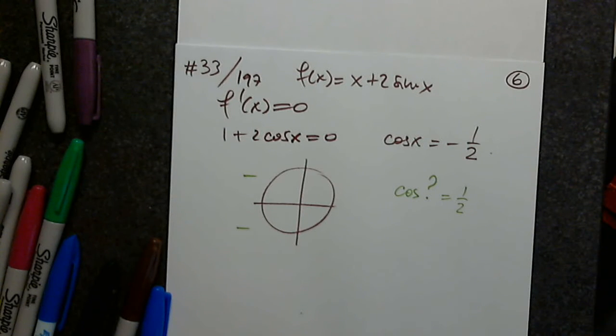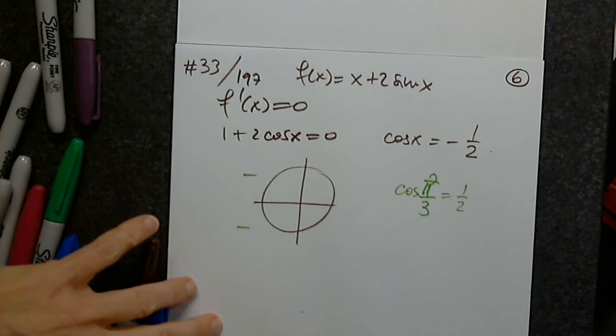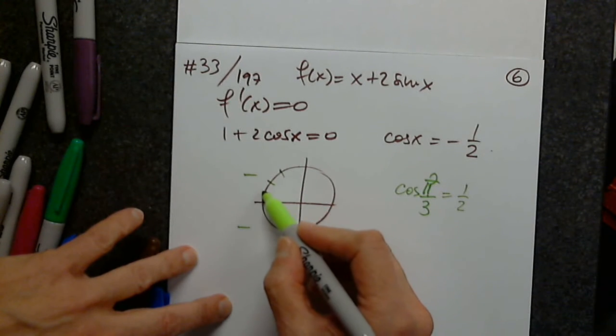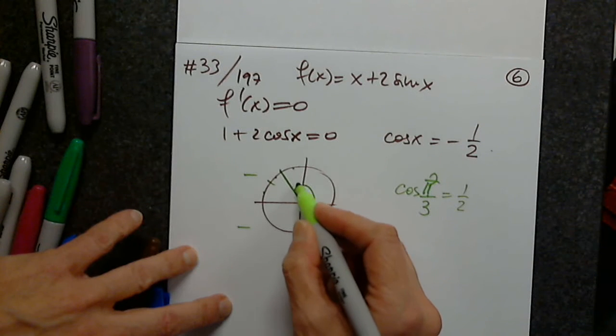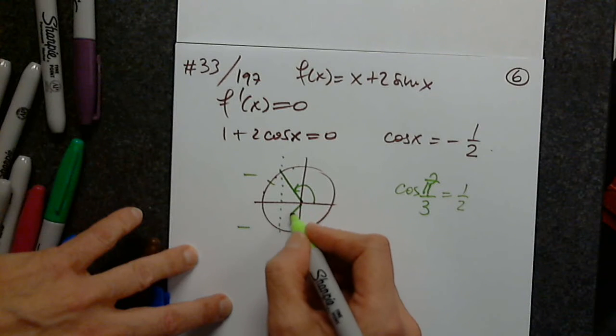It's not 30, obviously it's not 45. So it must be pi over 3. So I have to create a reference angle of pi over 3. So this is the first angle, and this is the second angle.